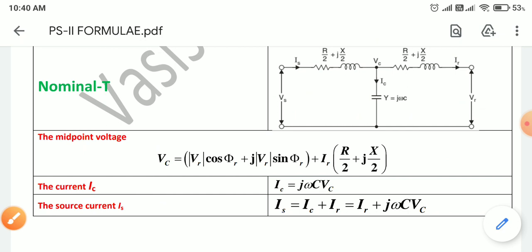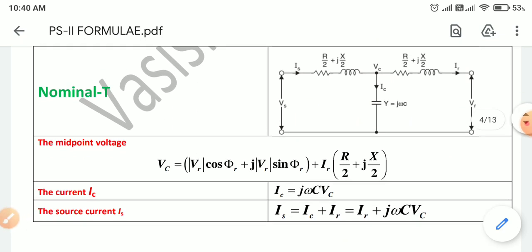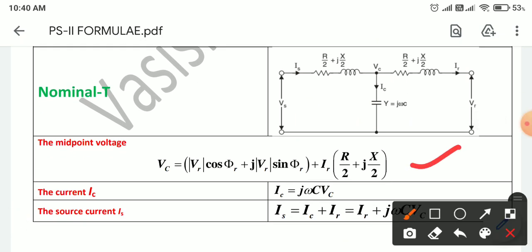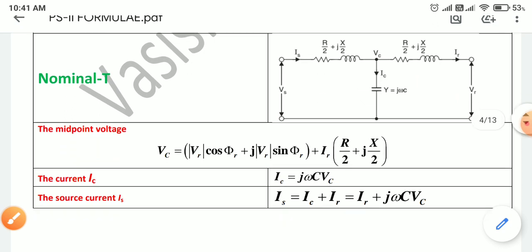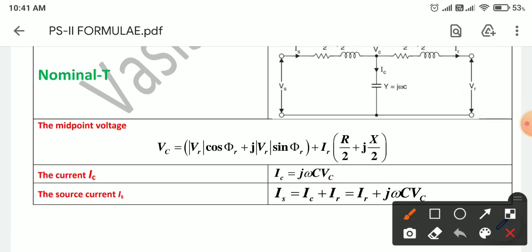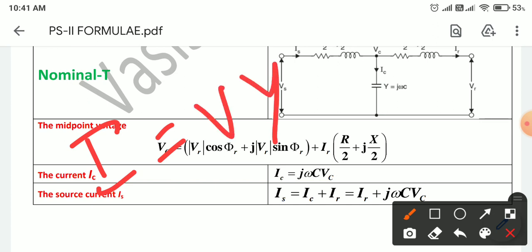Here Vc is the midpoint voltage, which can be given by this formula: VR cos phi r plus j into VR sin phi r, plus IR into R by 2 plus jX by 2. This is obtained by applying KVL in this loop. Next, the current IC is given by the basic formula I equals VY for current in terms of admittance.